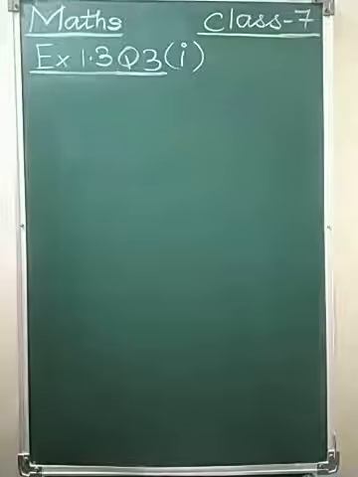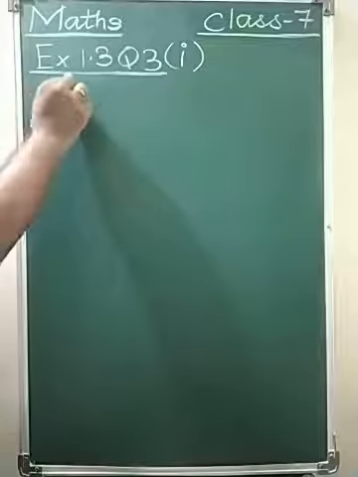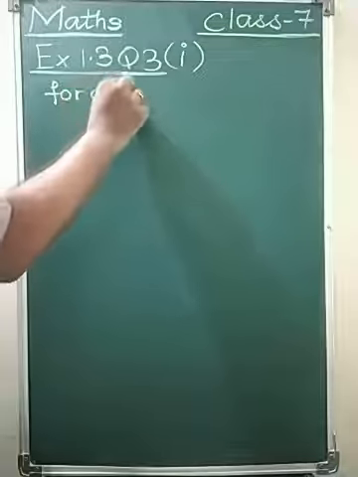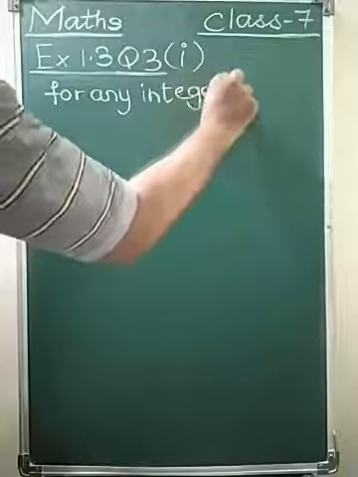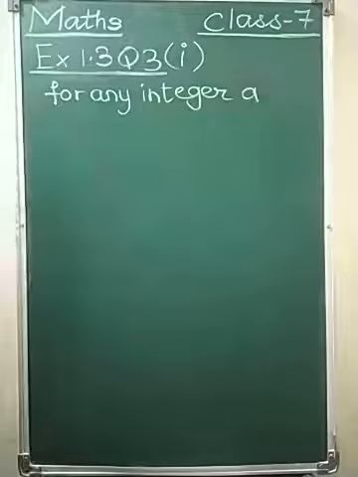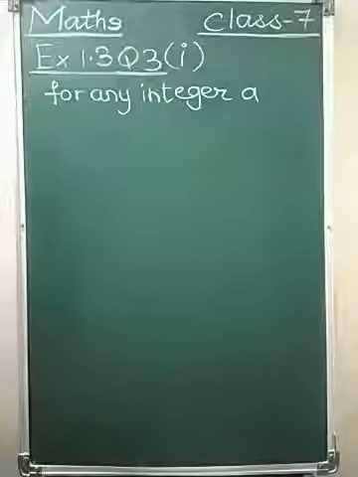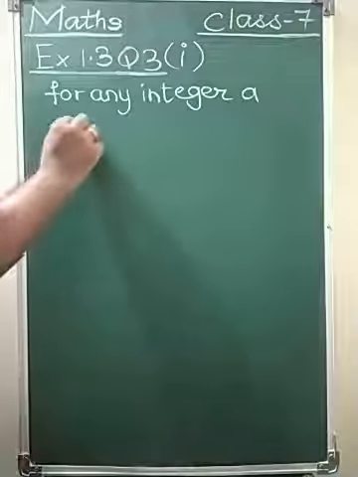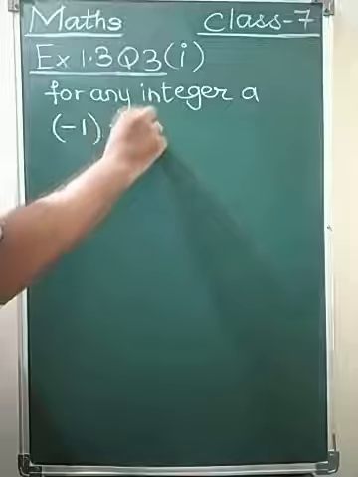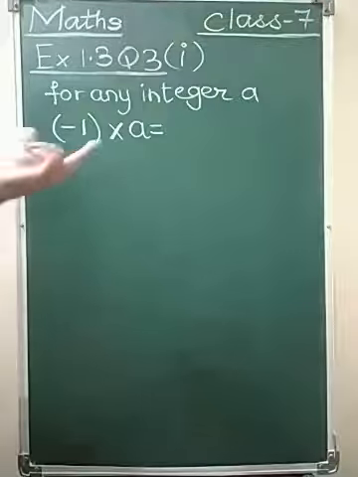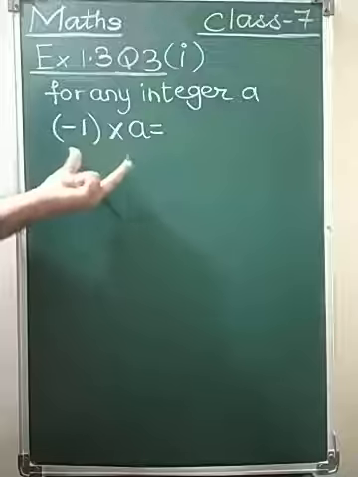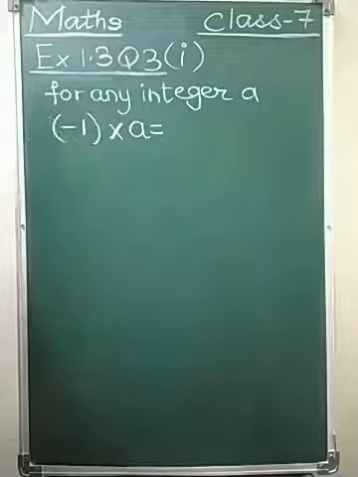For any integer a, minus 1 multiplied by a equals to, this property we have already written in multiplicative identity.